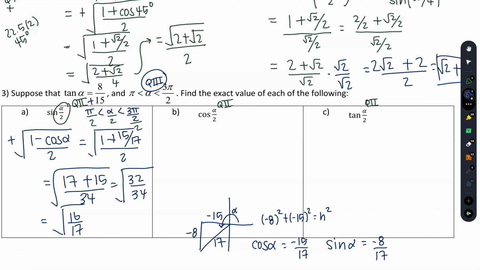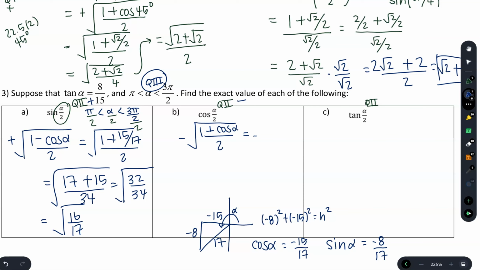All right, what about cosine of alpha over 2? In quadrant 2, cosine is going to be negative. So we're going to choose the negative version when we do this. It's going to be 1 plus cosine of alpha, all of that divided by 2.